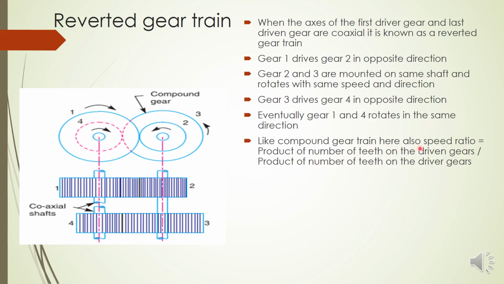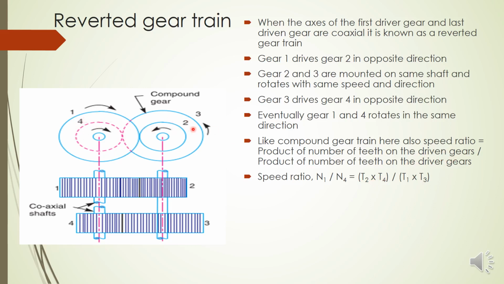Like compound gear train, here also we can directly write the speed ratio, that is the product of number of teeth on the driven gears divided by the product of number of teeth on the driver gears. The speed ratio we can directly write as n1 by n4, first driver speed divided by last driven gear speed. In the numerator it will be the driven gears.